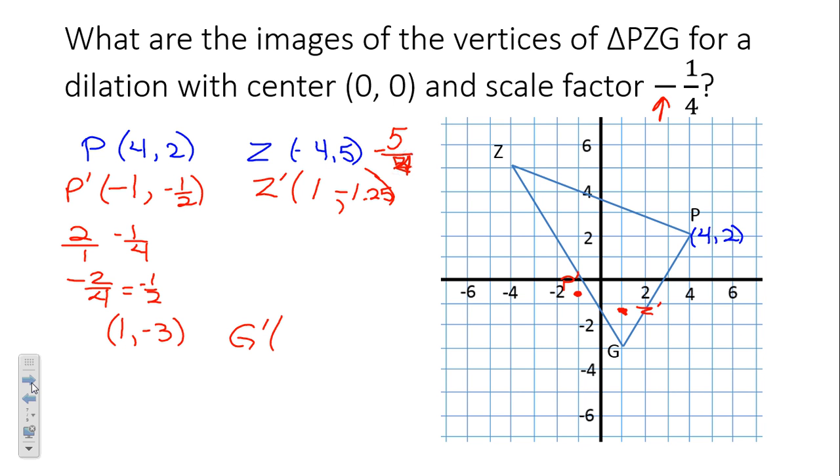William does. -1/4. You could call it 0.25, and then positive 0.75. So 1/4 back and 3/4 up. And there is our G prime.